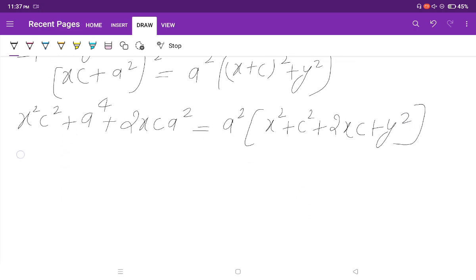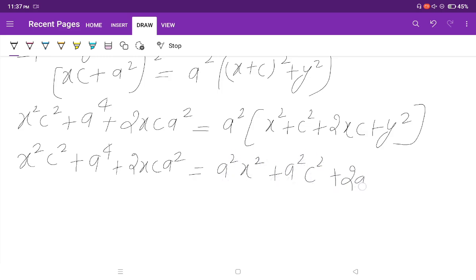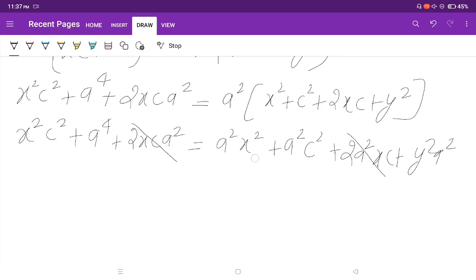Let's simplify here. x square c square plus a raised 4 plus 2xc a square equals a square x square plus a square c square plus 2a square xc plus y square a square, right? So what do we have? We have 2xc a square cancel out, and let's rearrange.